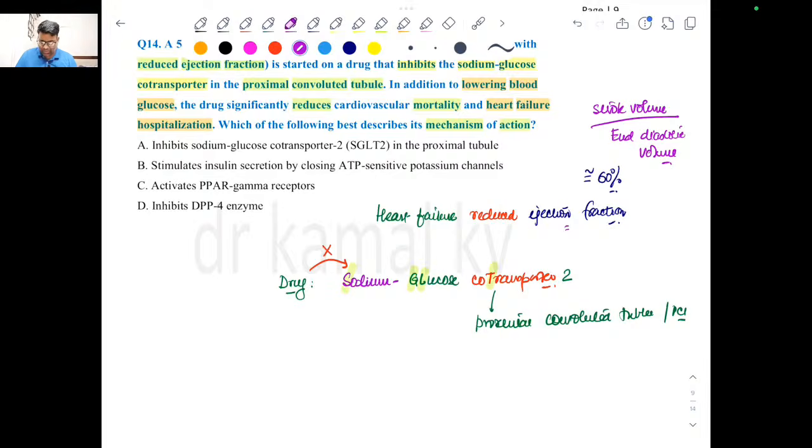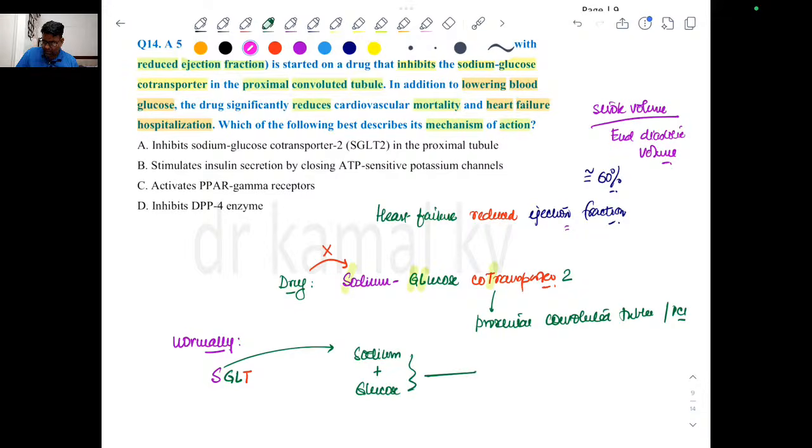Now, if we think of the normal scenario, what is going to be the function of this sodium glucose cotransporter? So, if I write it like this, sodium glucose cotransporter. So, it is promoting entry of sodium plus glucose, right. So, it is promoting, you can say, absorption from PCT.